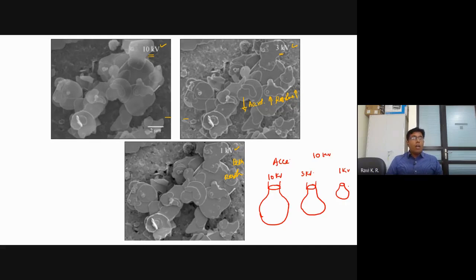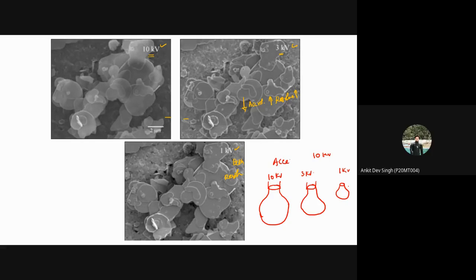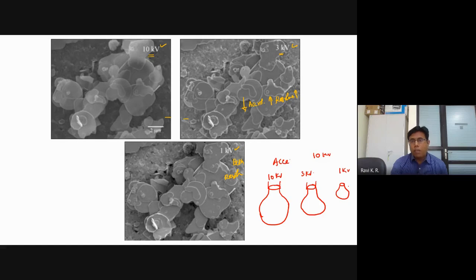Now which one is better in terms of resolution? Out of the three, which one is better for resolution? A decrease in beam diameter and a decrease in the interaction volume. Which one is better?